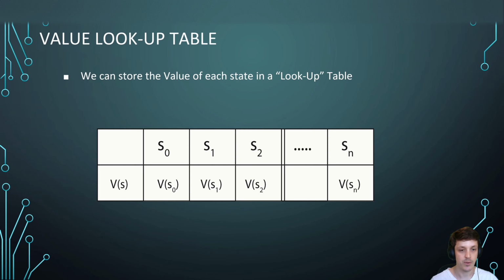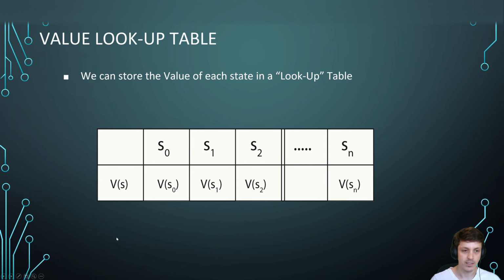Okay. Right, so how do we calculate this value, or how do we store and use this value? Well, once we've calculated the value for a particular state, we can simply store it in a lookup table. And then what we do is we check what state we're in, and we look up the value in that state. And then when we want to decide what action to take, we use that state transition table that we looked at. We check all the actions we can take. We look at what states they get us into.